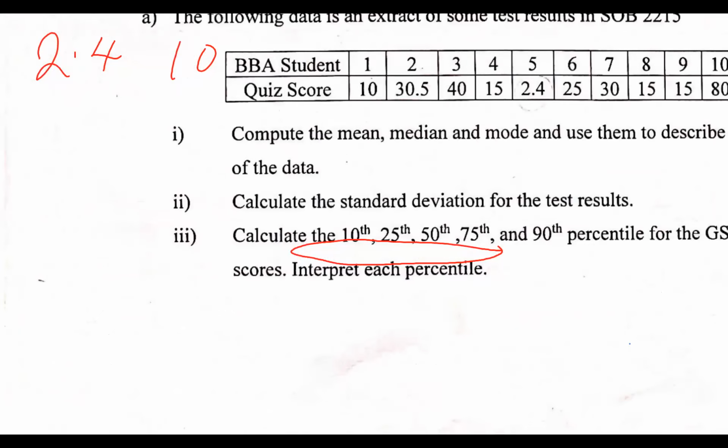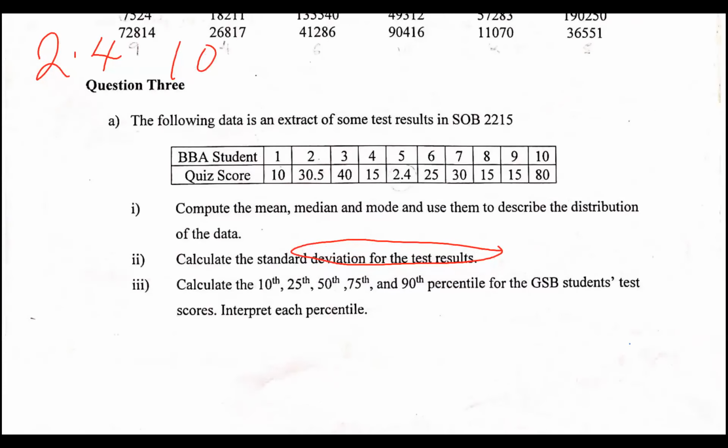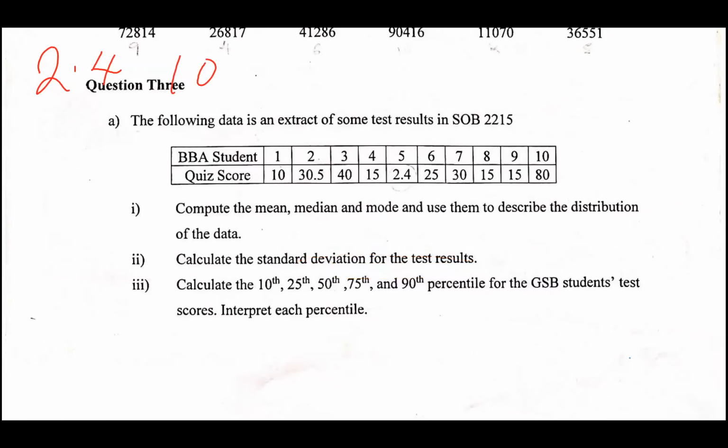At least now we have zoomed. You can see, right? Yes, I can see. So it's 2.4, 10. What else? 15. Another 15. Then 25.